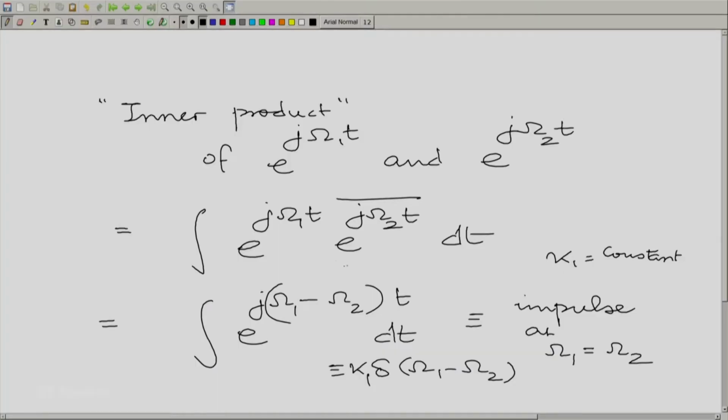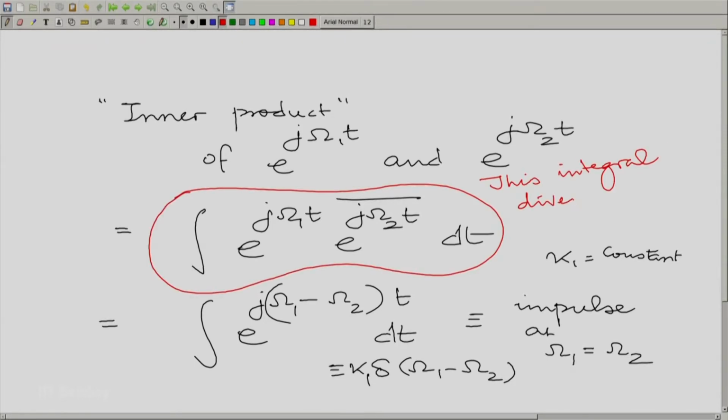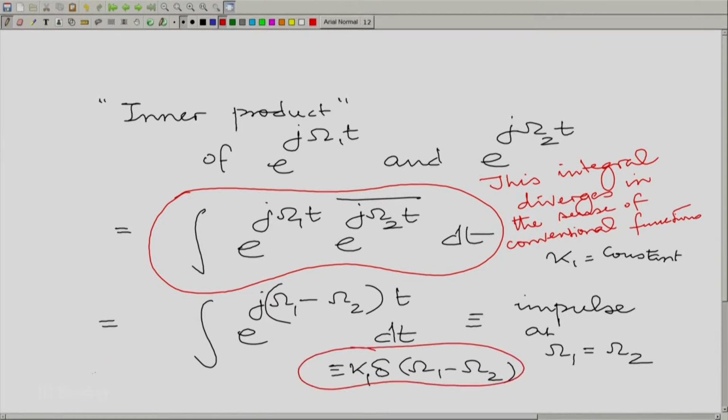Now, you have to take recourse to generalized functions here, because if you look at this integral carefully, this integral is divergent in the conventional sense. So, this integral diverges in the sense of conventional functions, and that is why an impulse is required.